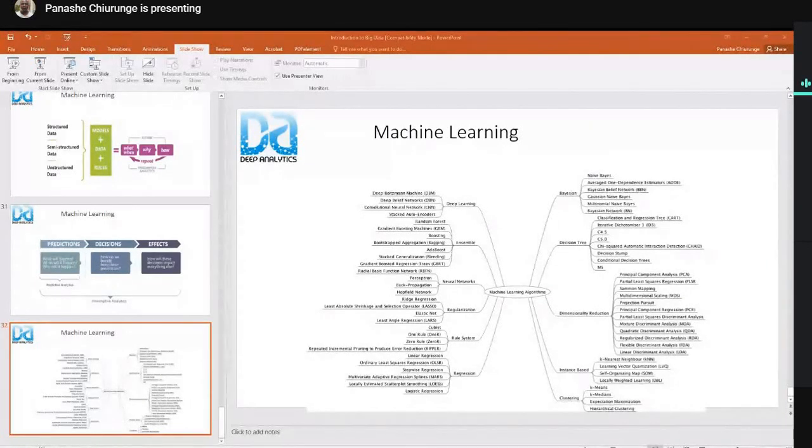So we'll then talk about the Boltzmann machine, deep belief networks, convolutional neural networks, recurrent neural networks, and so on, because they've got different use cases for various types of machine learning, when you talk about supervised machine learning and unsupervised machine learning.